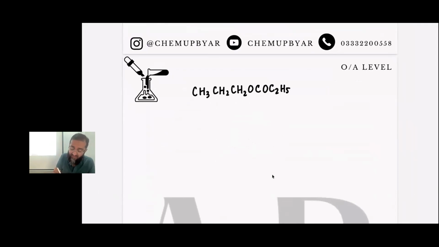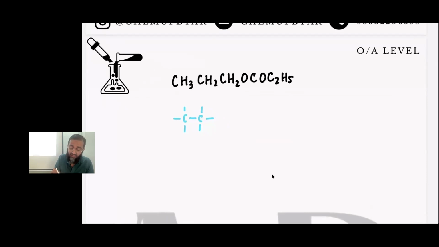So see, how many hydrogens does the first carbon have? Tell me. Okay. So first carbon has 3 hydrogens. Okay, good. Then the next carbon has 2 hydrogens, then the next carbon has, how many hydrogens? 2 hydrogens, right?